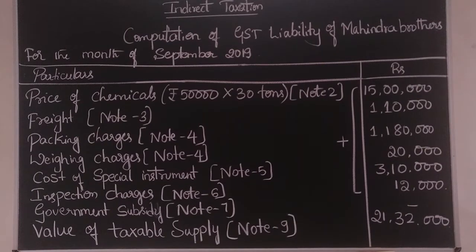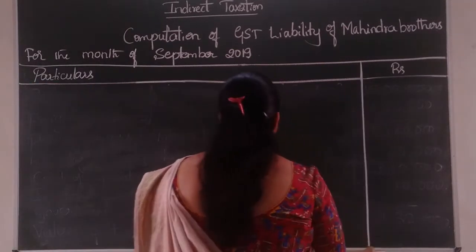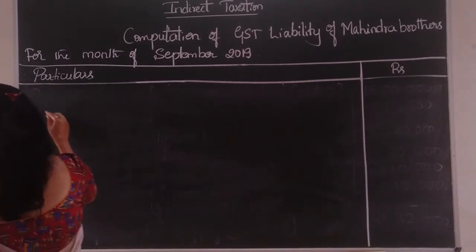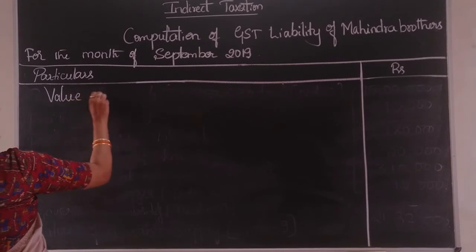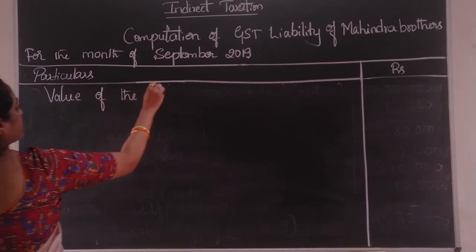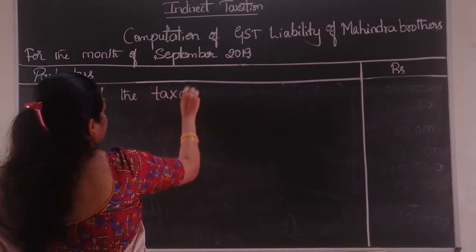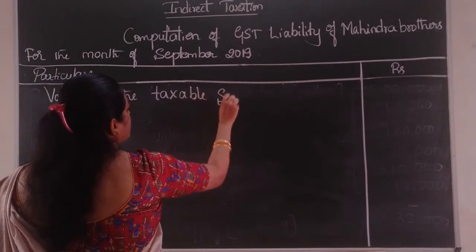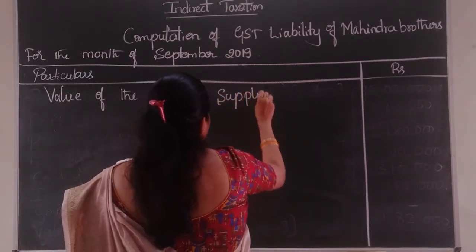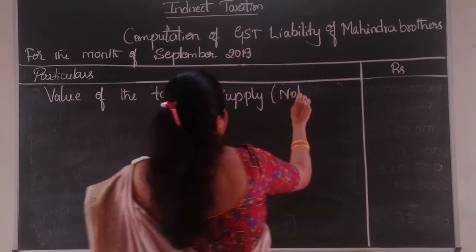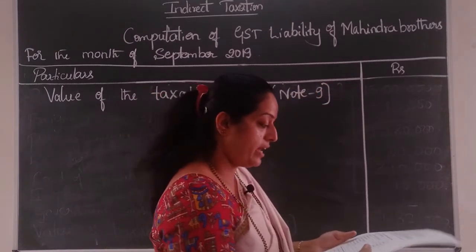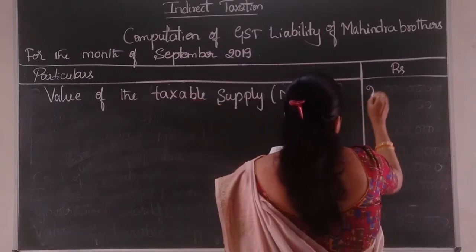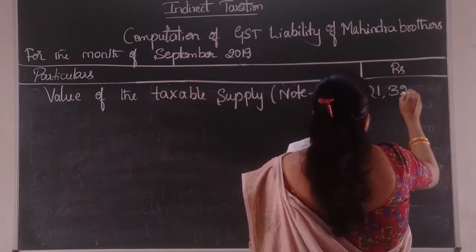So on this amount we need to put GST. The value of the taxable supply according to note 9 is all the values added, and the answer is 21 lakh 32,000.